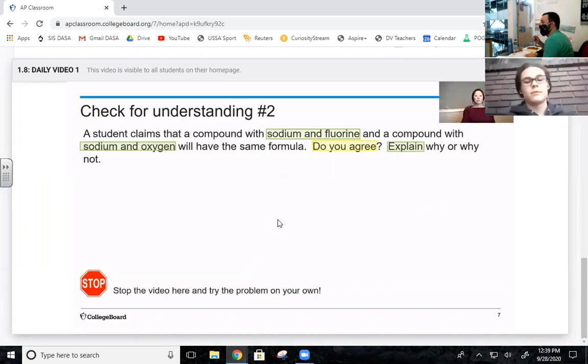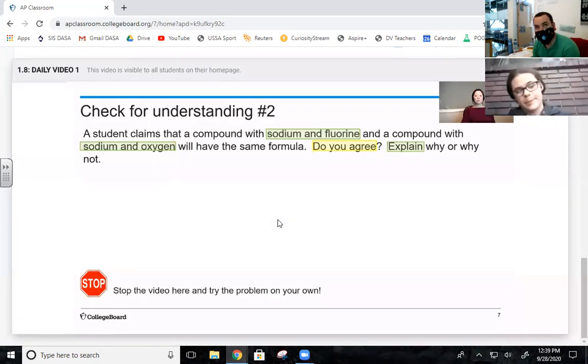So I want you, the four of you, to figure this out. Okay? Ready to go. A student claims that a compound with sodium and fluorine and a compound with sodium and oxygen will have the same formula. Do you agree? Explain why or why not.